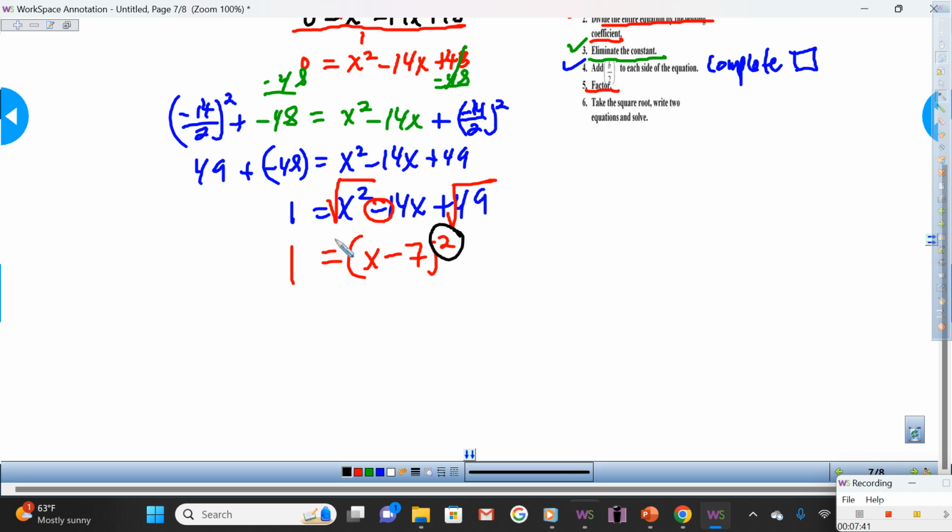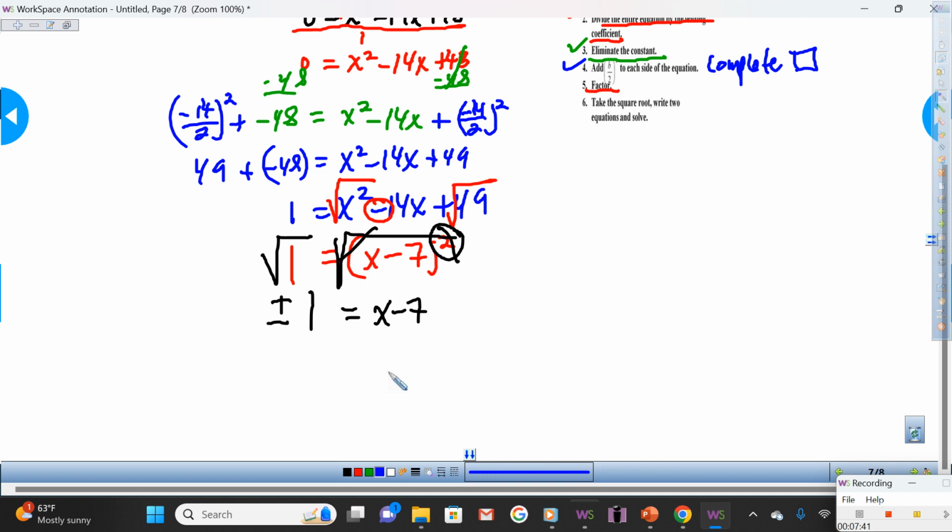What cancels a squared? A square root. Whatever we do to one side, we do to the other side. Therefore, this cancels that. That leaves us with x minus 7 equals, what is the square root of 1? Plus or minus 1.